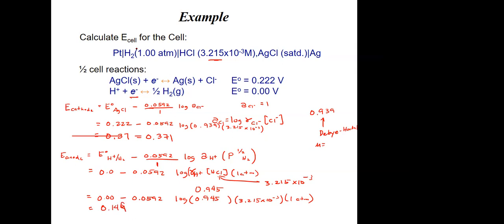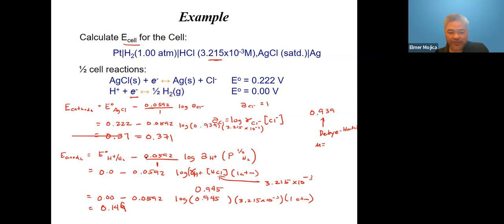Then to get the cell potential, all we need to do is 0.371 minus 0.149, and you get 0.22. Right? Is that correct? Yes.